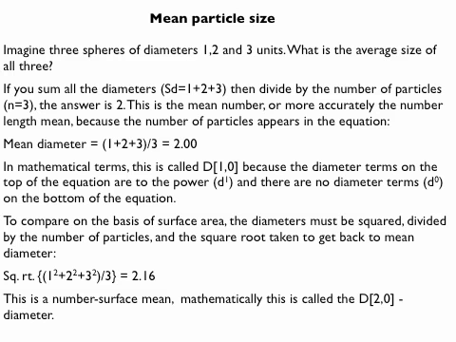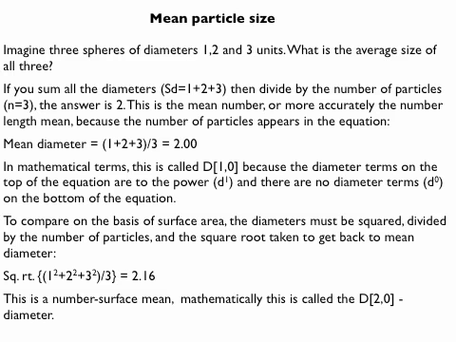But in mathematical terms, that would be the average diameter D[1,0], because what you do is you measure the diameter and you divide it by the number of particles. Now there are different ways of calculating things. For example, people that do catalysis are not really interested in the number of particles, they're more interested in the surface area.